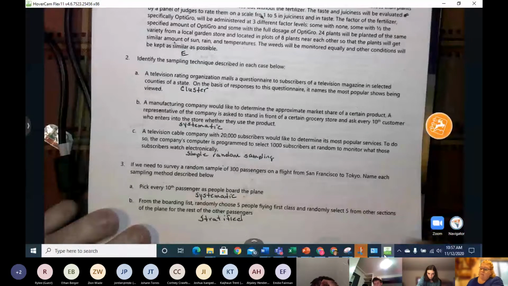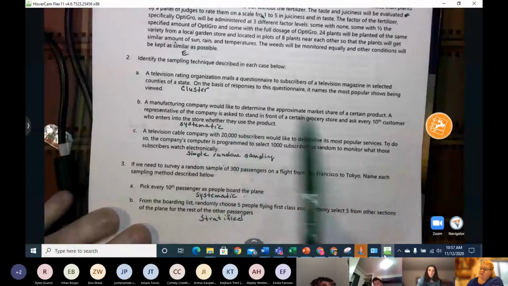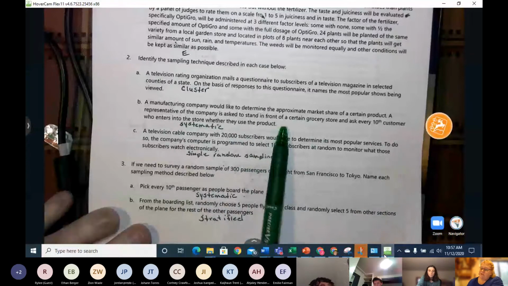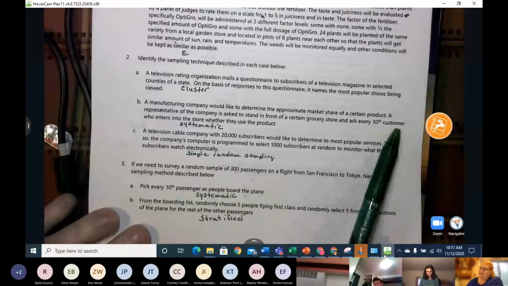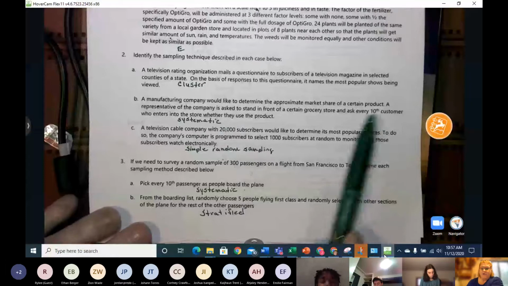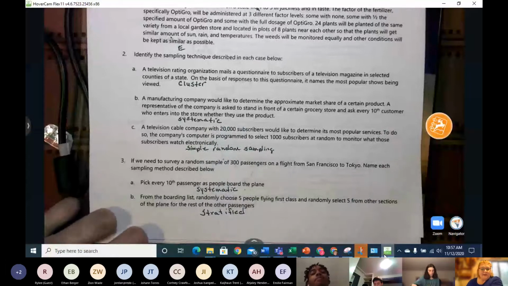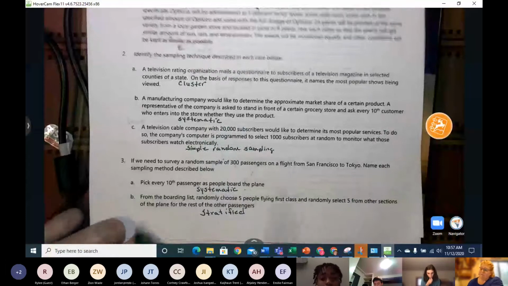A manufacturing company using a survey at the front of a grocery store to collect data for their product. That is by asking every 10th customer that goes in and out of the store. That's using a systematic way of sampling.